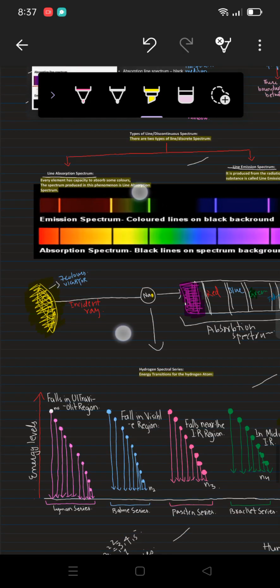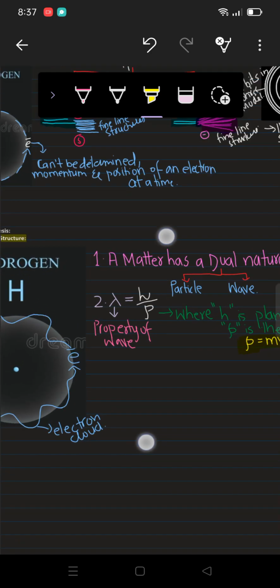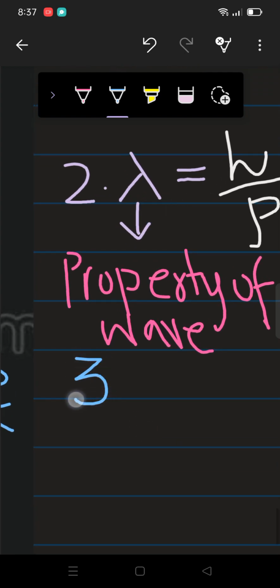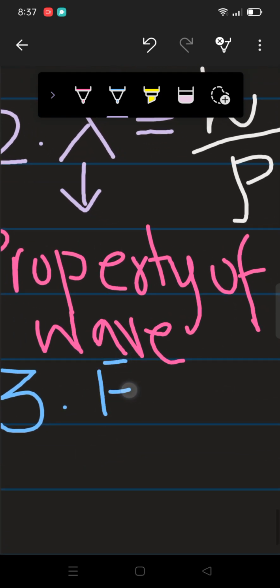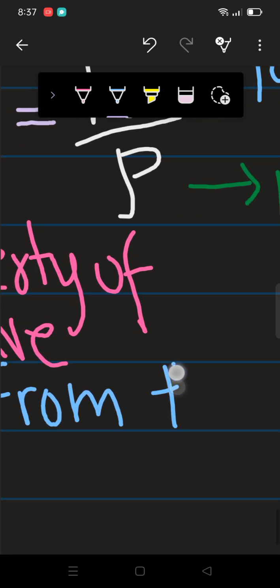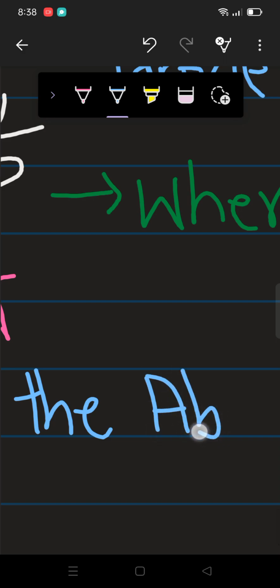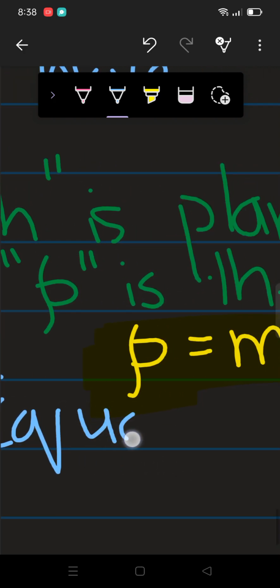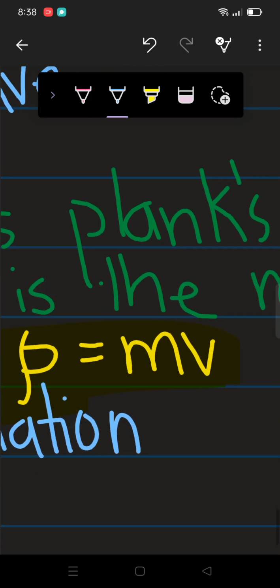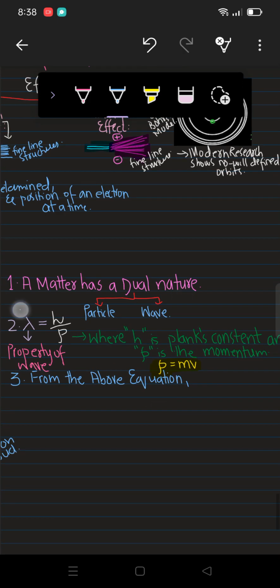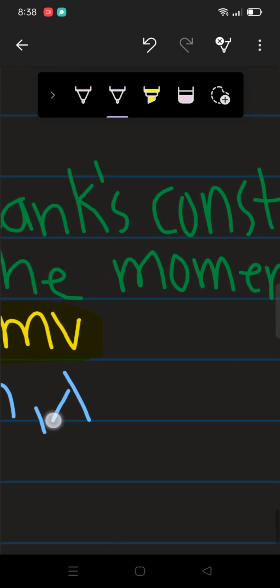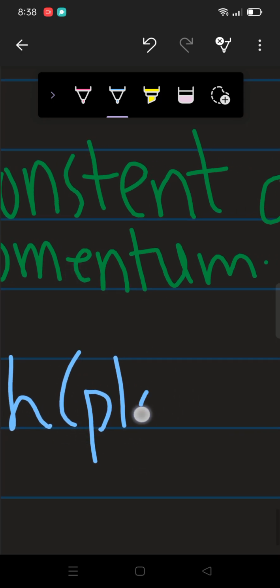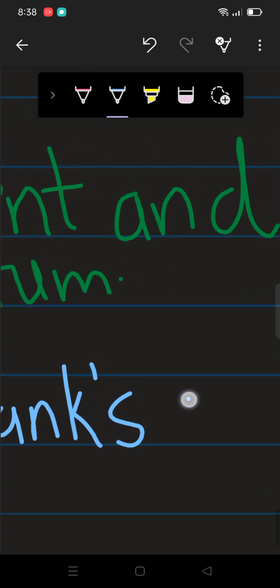In the third point, he said, from the above equation, as you can see, wavelength is directly proportional to Planck's constant.